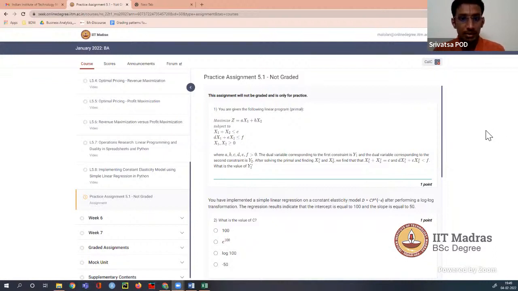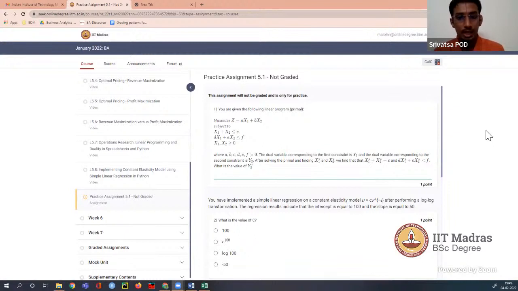So in week 5, the first question is you are given a primal of a linear program which has a maximization objective subject to 2 constraints, and there are 2 variables which are greater than or equal to 0. Now, the dual variable corresponding to the first constraint is y1, and the dual variable corresponding to the second constraint is y2.